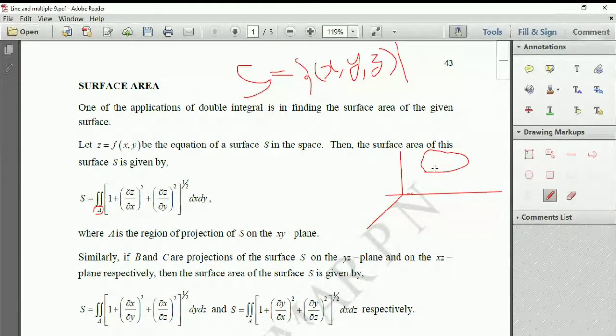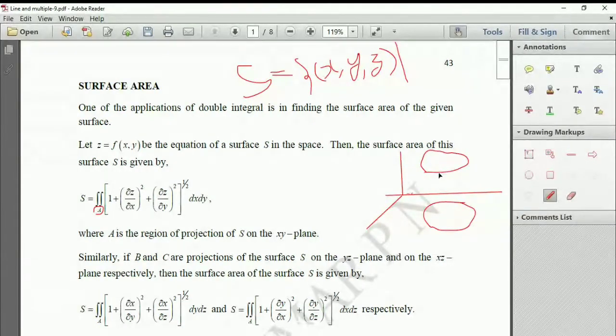Remember, this surface is in xyz space, and this will be our xy plane. Now let's pull this curve over this plane so that it becomes a two-dimensional curve. The surface is three-dimensional, with x, y, z. When we pull it over the xy plane, your height will be 0.